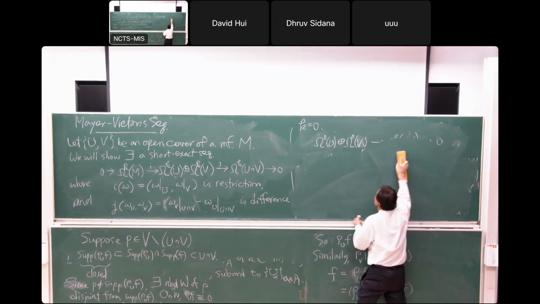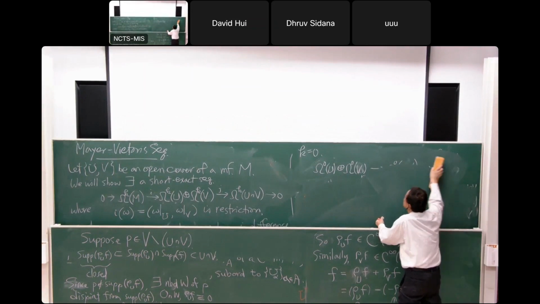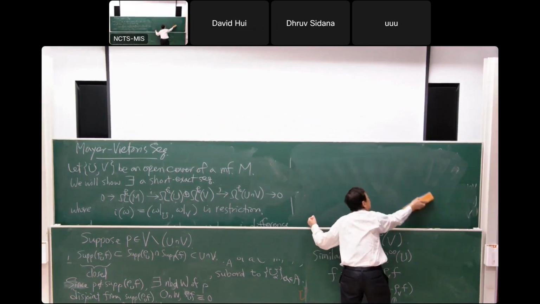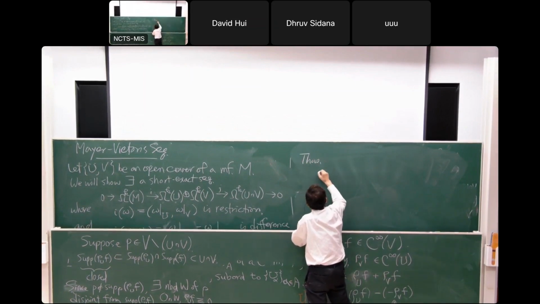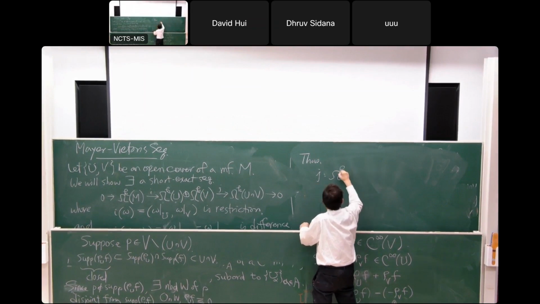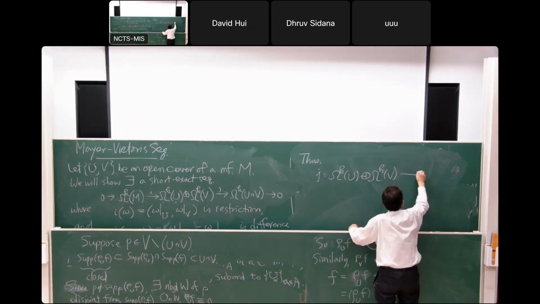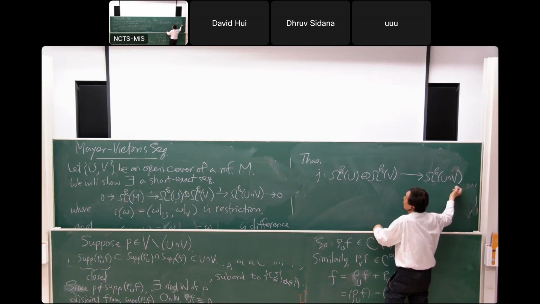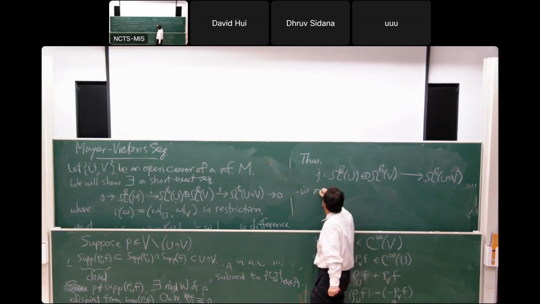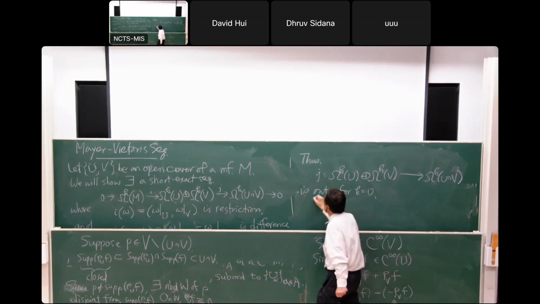So this shows that J is surjective actually for all K. We showed it for K equal to 0, and it's the same for all K.